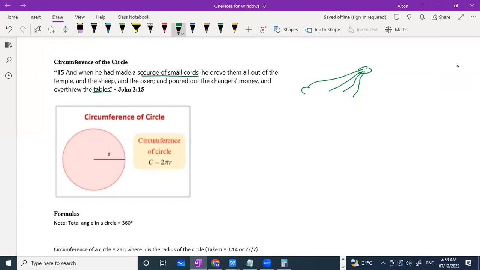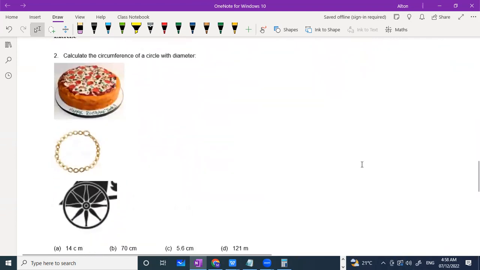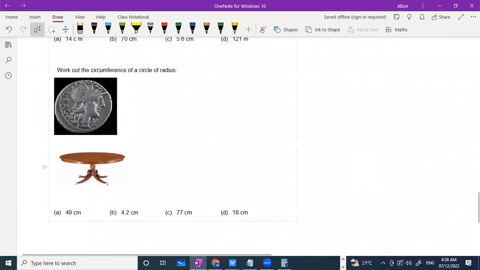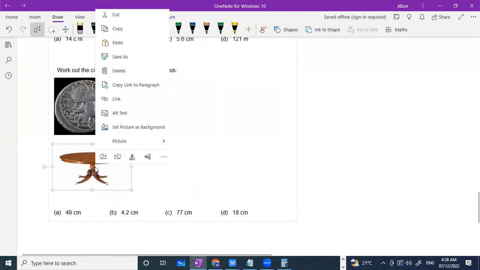So who knows, maybe at the end of these little cords here, we had some little circles. So let's focus on the word table. If you look at a table, and let's see if we can bring our picture right here. I'm sure you would have seen circular tables. There's one right here.